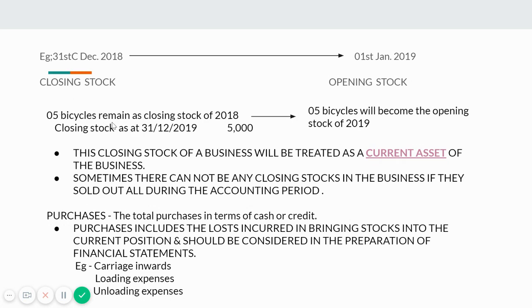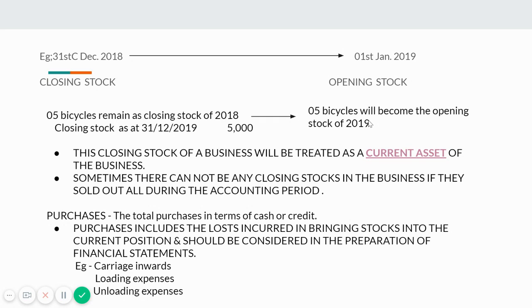Think practically. That can be sold in the next accounting period, that means in 2019, the accounting period which starts from 1st January 2019. So the same 5 bicycles which remain as closing stock in 2018 will become the opening stock of 2019.